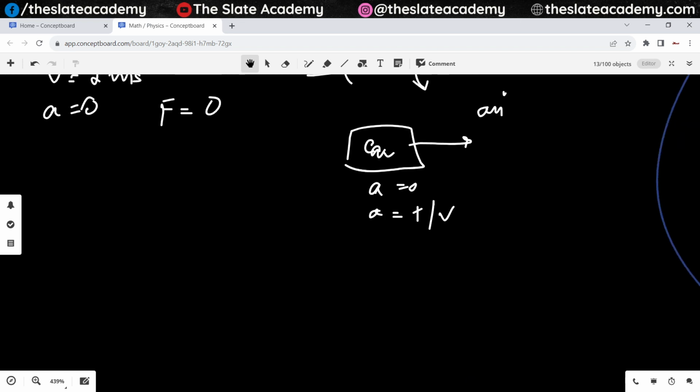If acceleration has a positive or negative value, we know that the forward force by the car is either more than air resistance or less than air resistance, because that would result in acceleration, because of the net force. If the forward force and the air resistance balance each other, then net force will be zero and acceleration will be zero. This thing understood?